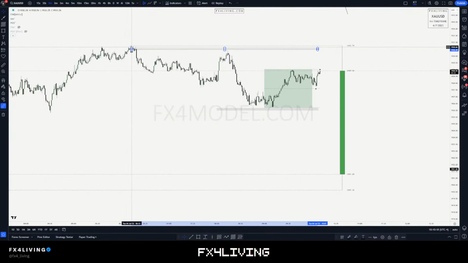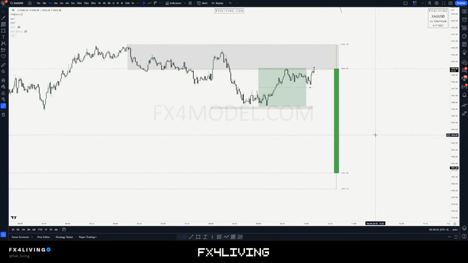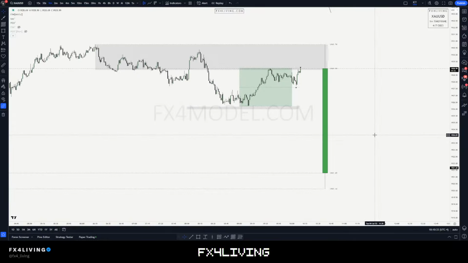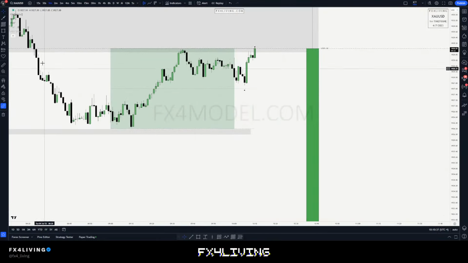Look at all that range here. You see that? It's like a surgeon, right? You can dissect all of that and understand all that stuff. Just a quick example, but your eye is going to see that eventually. Look, this low here got taken out. What does that mean?